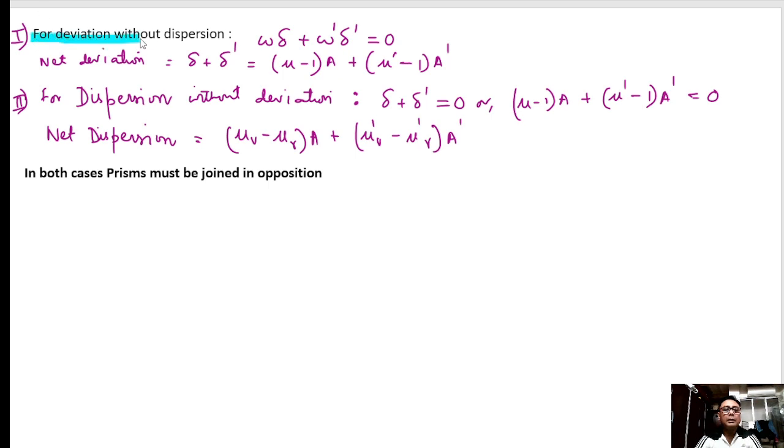Deviation without dispersion. So please watch, what is it? Deviation without dispersion. That means in this case, suppose you have got two prisms like this.